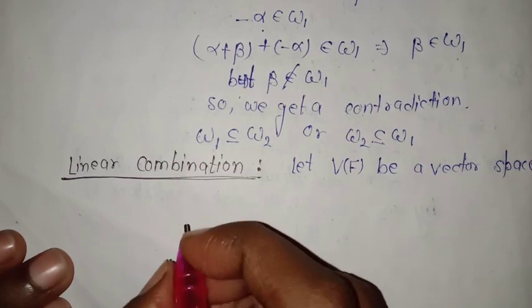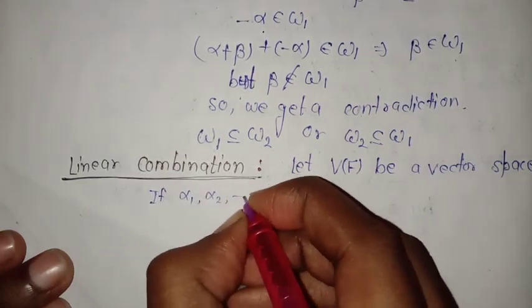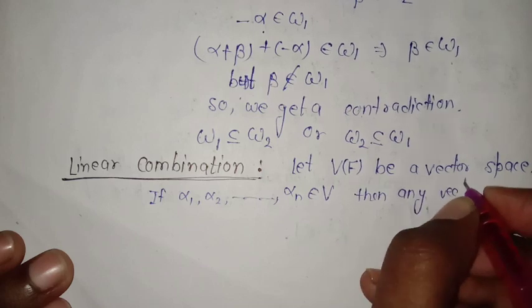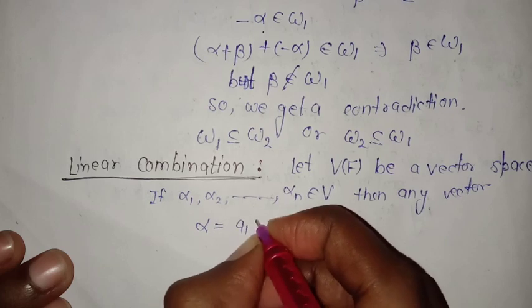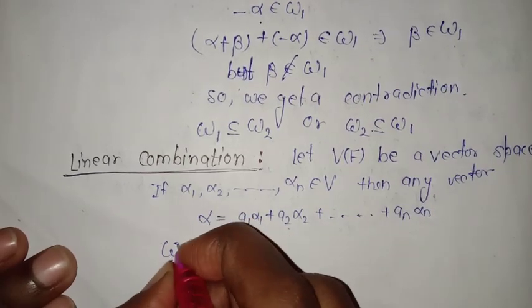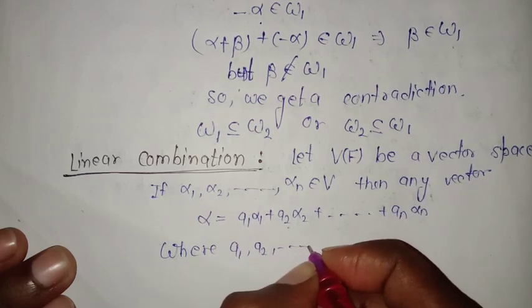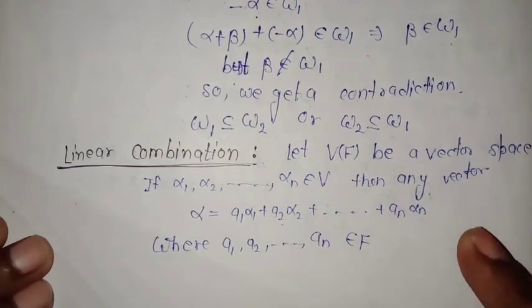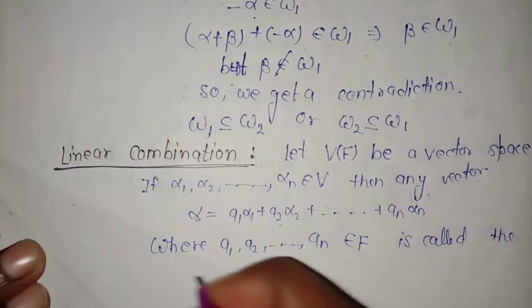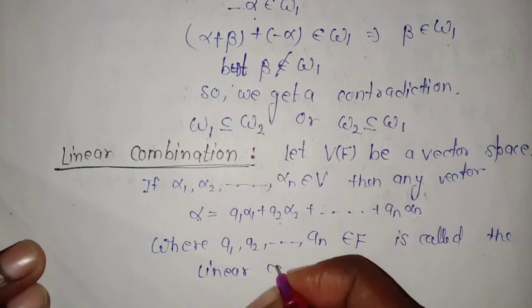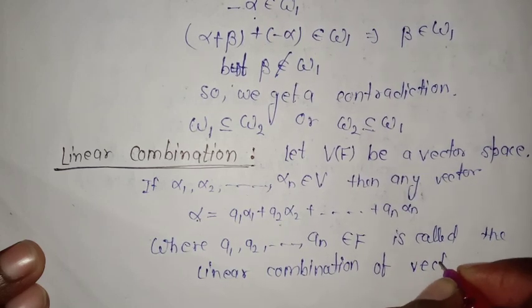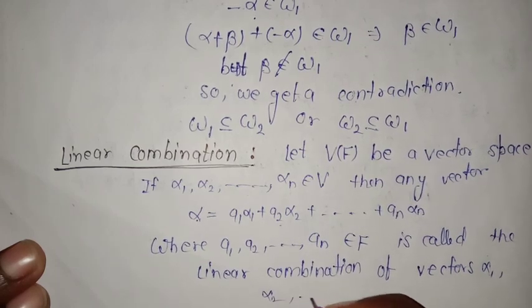Let V(F) be a vector space, and if alpha 1, alpha 2, ..., alpha n belong to this vector space V, then any vector alpha that is equal to a1 alpha 1 plus a2 alpha 2 plus ... plus an alpha n, where a1, a2 and so on an are coming from the field F over which the vector space is defined, then this vector is called the linear combination of vectors alpha 1, alpha 2 and so on alpha n.